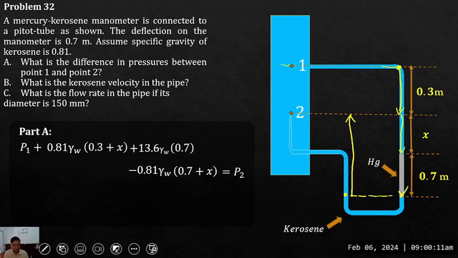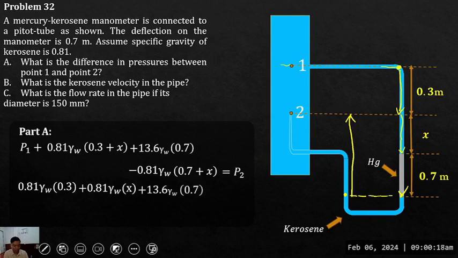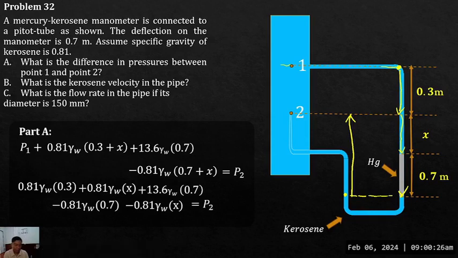Sige, tas transpose lang natin yung P1 sa kabila, as is yung ibang values. So, ginawa natin dyan is nag-distribute ng 0.81 times 0.3. Tapos, 0.81 gamma water times X, minus 13.6 times 0.7.